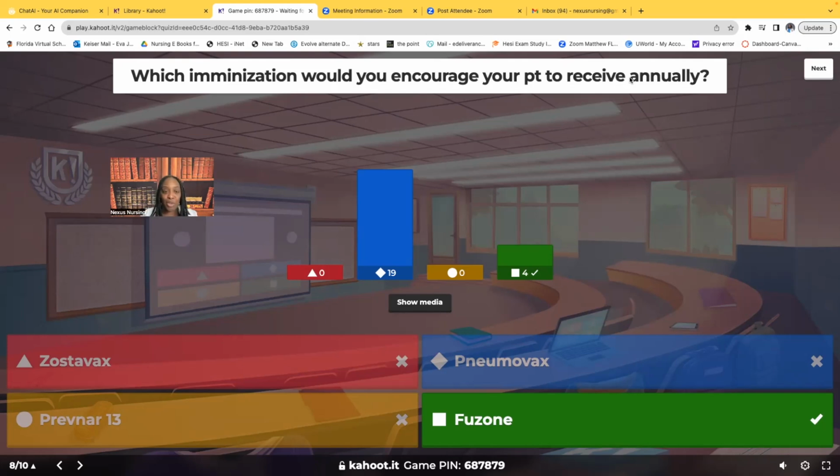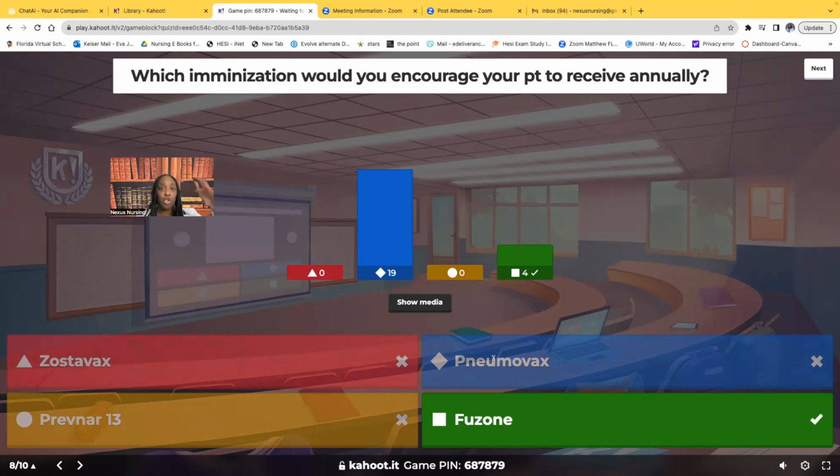Let's talk about the other choices. So first, the Zostavax, that is for varicella. That's the vaccine for the patients that have already gotten the chicken pox, all right? So that's not the answer. I'm happy nobody chose Prevnar 13, but let's talk about the Pneumovax and Prevnar 13. Prevnar 13 is for pneumonia, but that's given at 2 months.